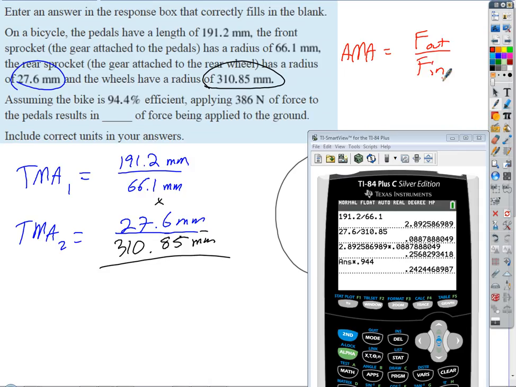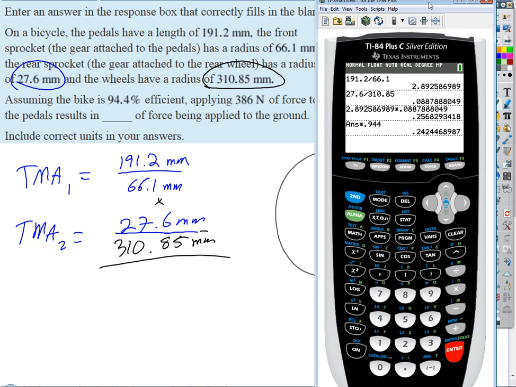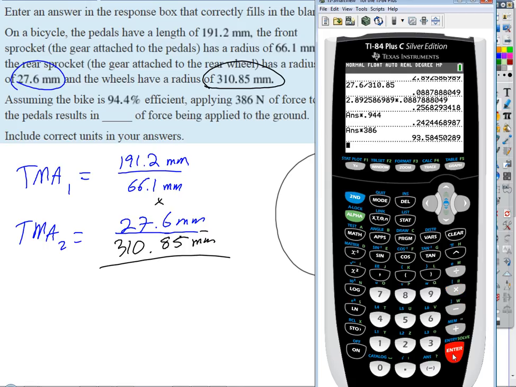So if I solve for output force, I just multiply both sides by input force. If I multiply this number times 386, we get 93.6 to 3 decimal places.